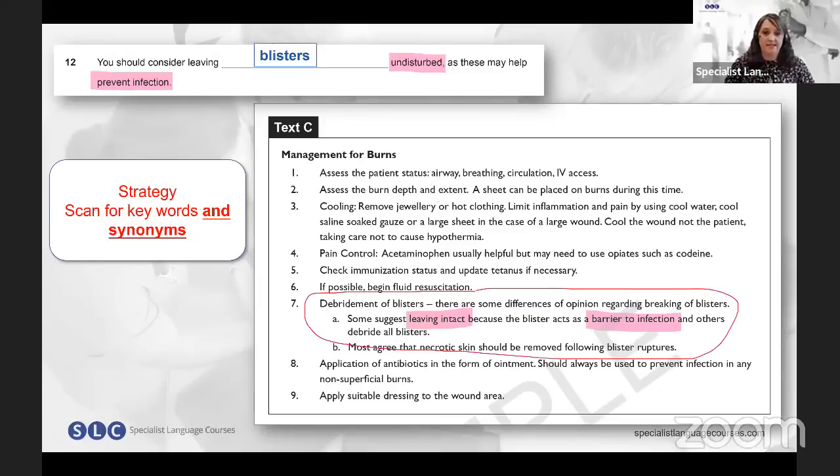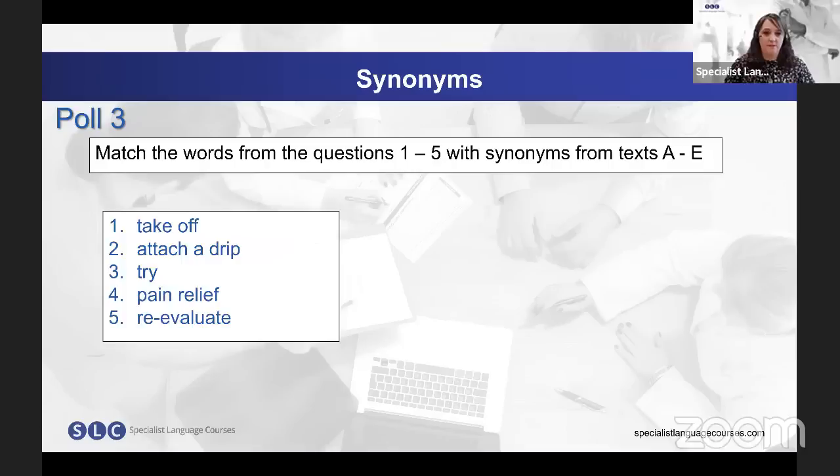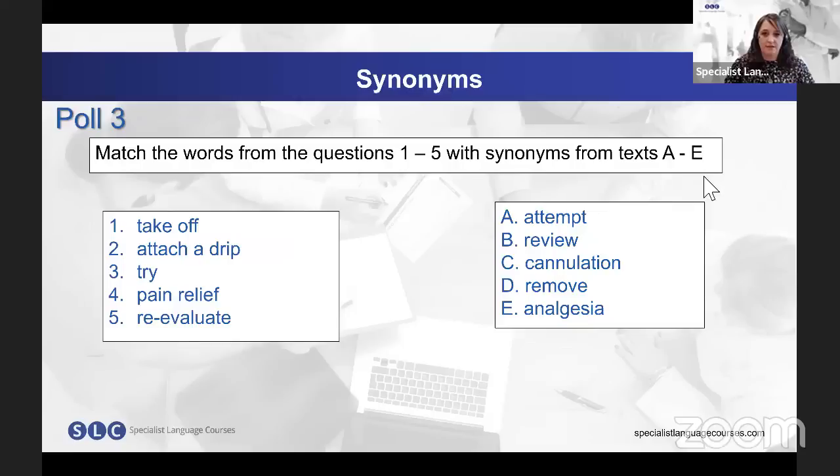All right, so let's take a look at some more synonyms from our text. So into the comments box, I've got a short task for you. So you have got words from some of the questions, 1 to 5, and you have got the synonyms from the texts A to D. All right. So can you match 1 to 5 with A to E?